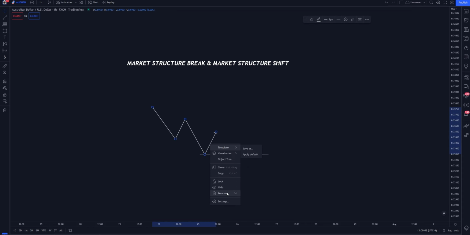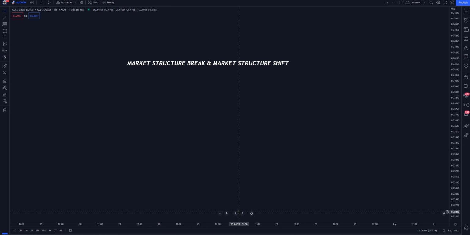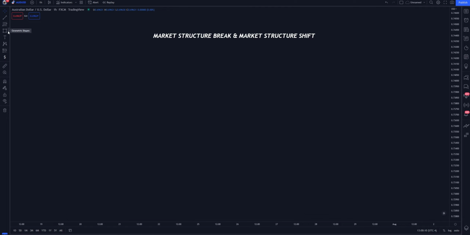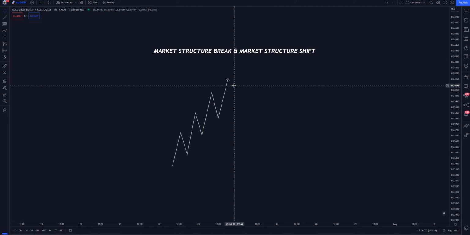Very simple, guys. So now let's learn about market structure shift. What is market structure shift? Let's suppose that we are in a bullish trend. So we are creating higher high, higher low, higher high, higher low, higher high. But then if you want to identify a market structure shift, you would wait for price to break the previous low.